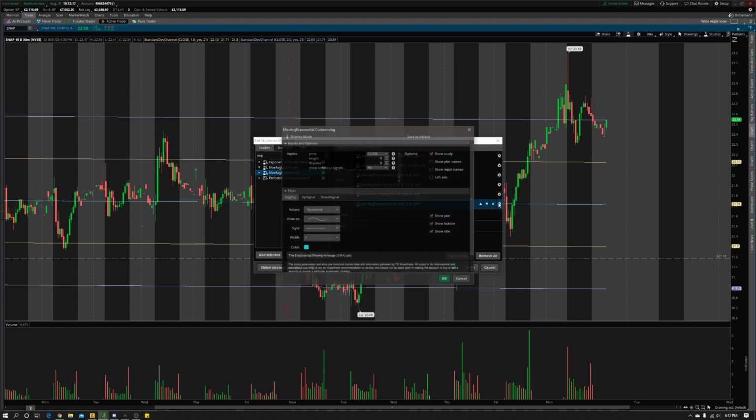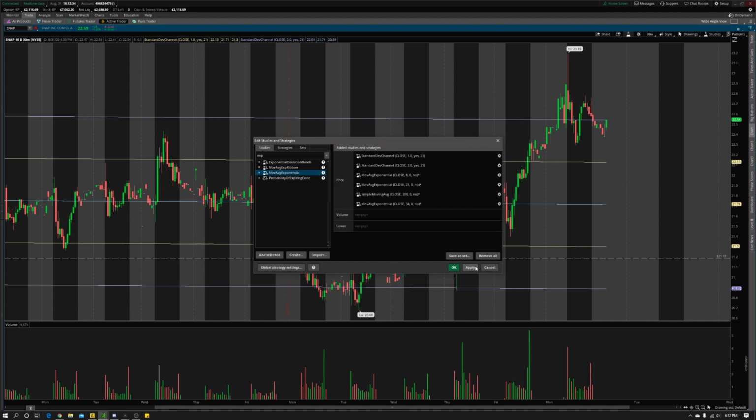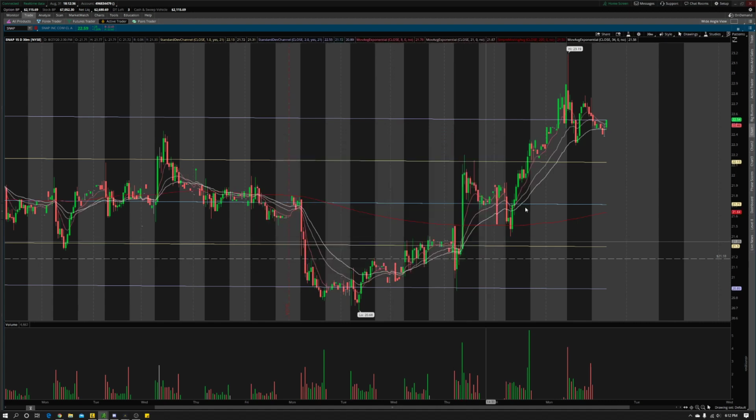So the 34 is similar to the 50. Again, with the Fibonacci stuff. So this is why I'm using this. And I make the 34 white. So we hit apply. And now we have these lines.